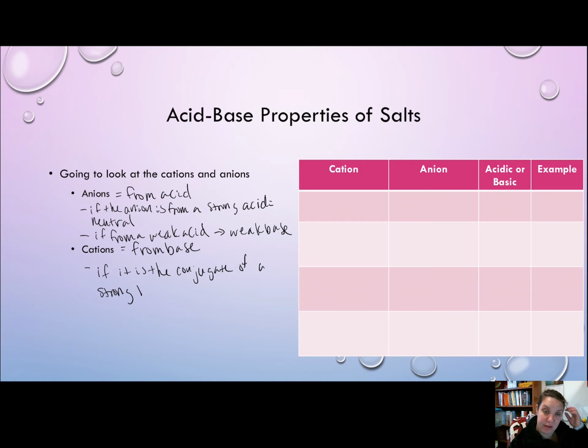And then here we're talking about group 1 and group 2 metals, right? And then if it is a conjugate of a weak base, it's going to be a weak acid.